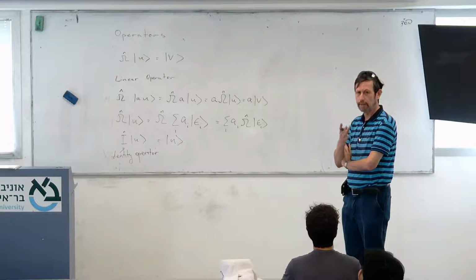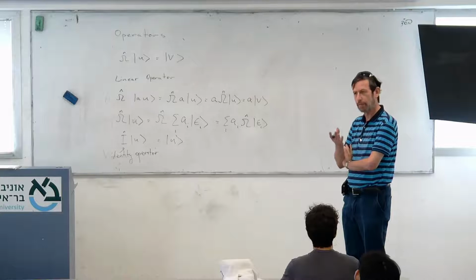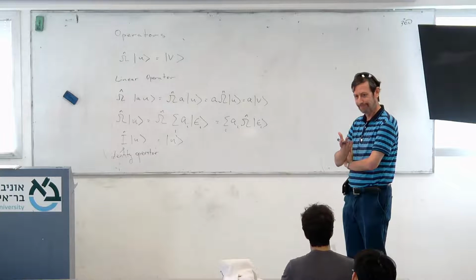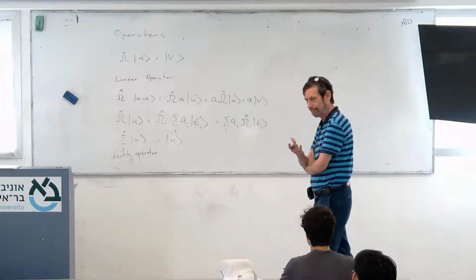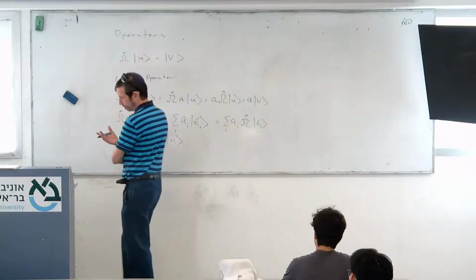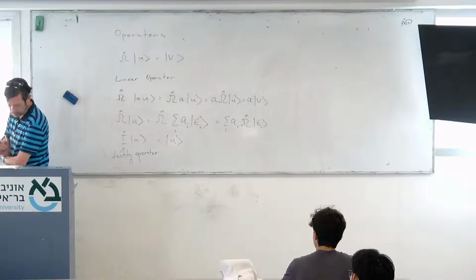Why do I need an identity? Usually in mathematics, I need an identity in order to define an inverse. I'll use it shortly.